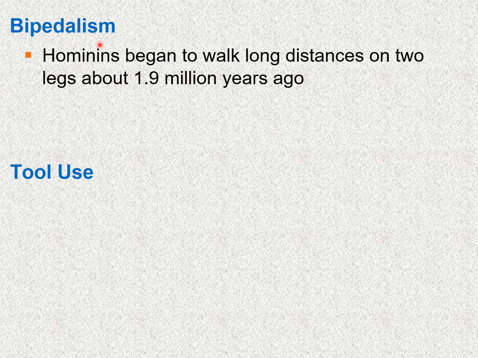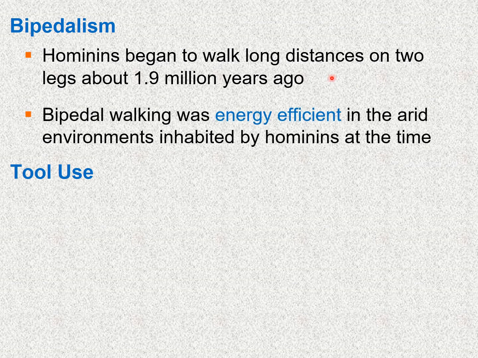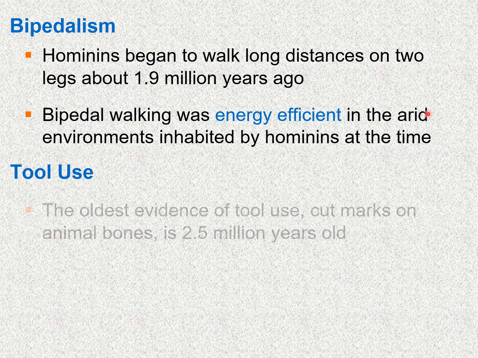Hominins began to walk long distances on two legs about 1.9 million years ago. So this occurred before modern humans existed. Bipedal walking was energy efficient in arid environments.